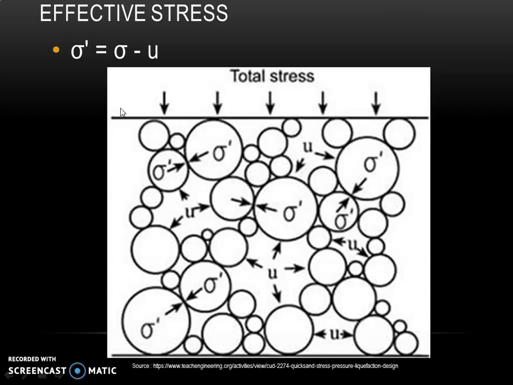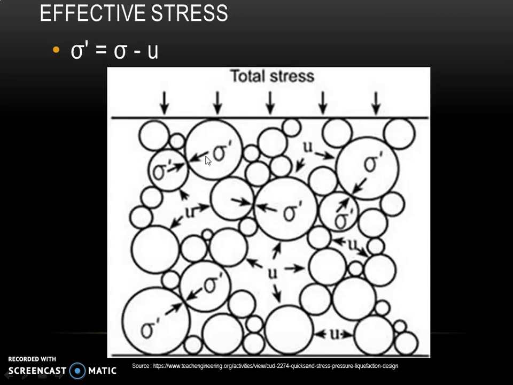Here we can see that on top of the soil, total stress is applied due to construction of the structure. So after application of the total stress, there will be stress exerted in the soil, which will be due to effective stress and pore water pressure.